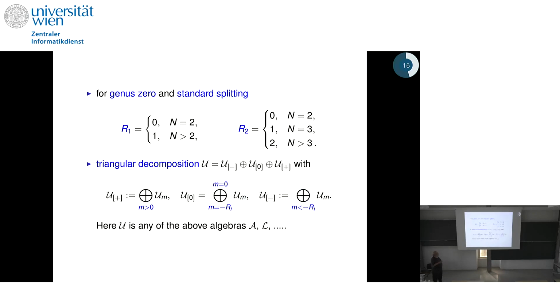Okay, good. Just to give you some idea, though this is not so important for the following here, in the genus 0 and the standard splitting, you see, as I said, depends on genus and the splitting, okay? Genus 0 and standard splitting, we get these values here. 0 and 1. 0, 1, and 2. So for the functions, we have only one step higher as the ideal one.